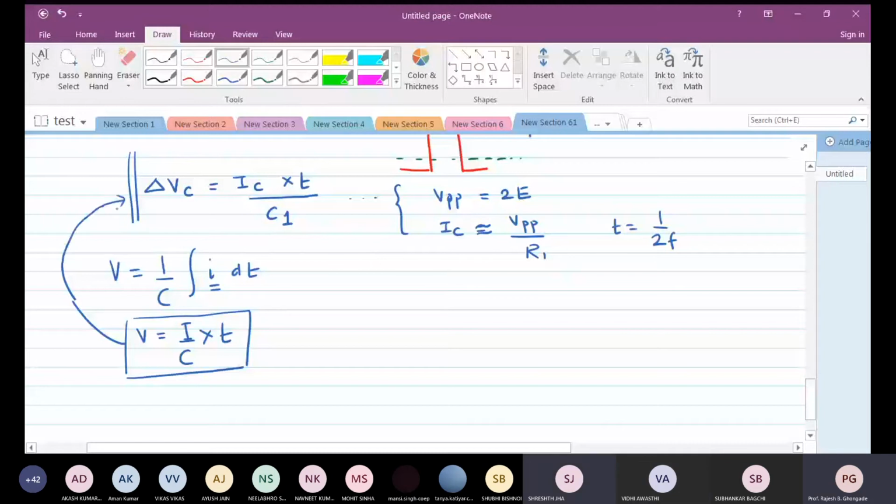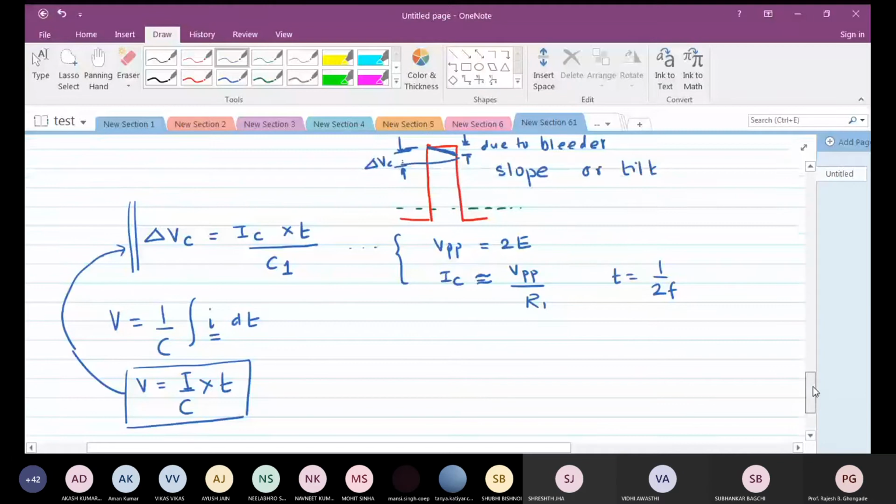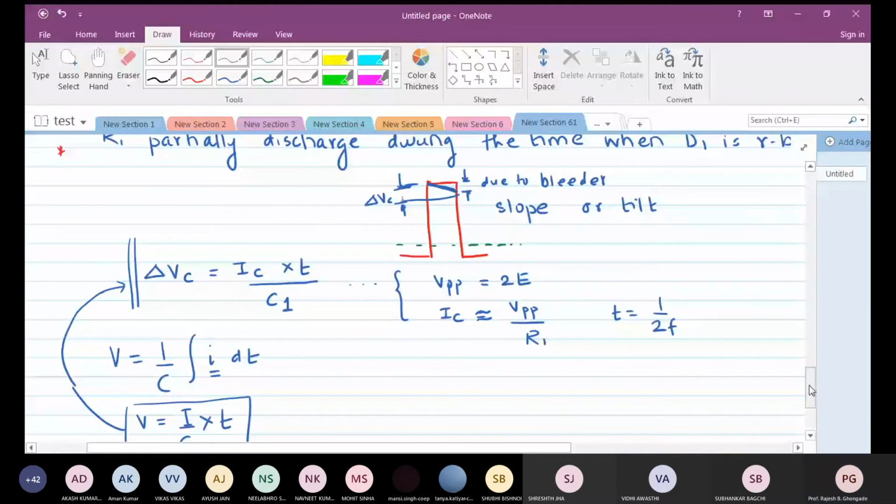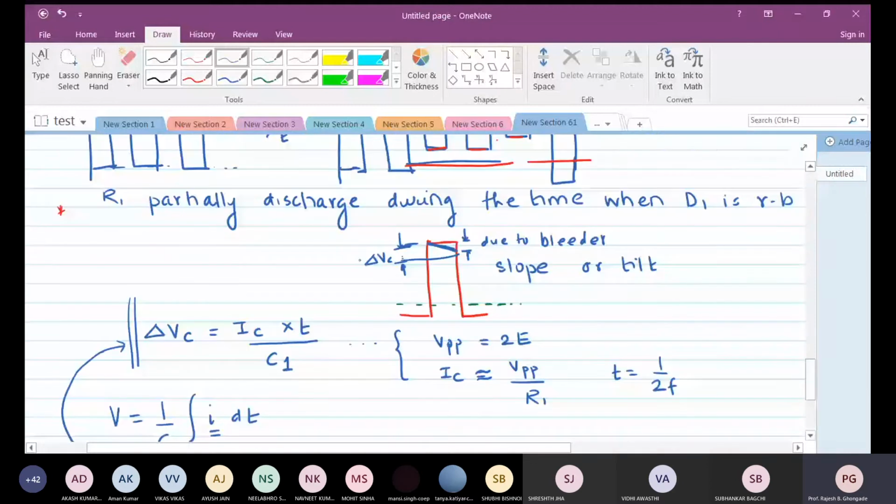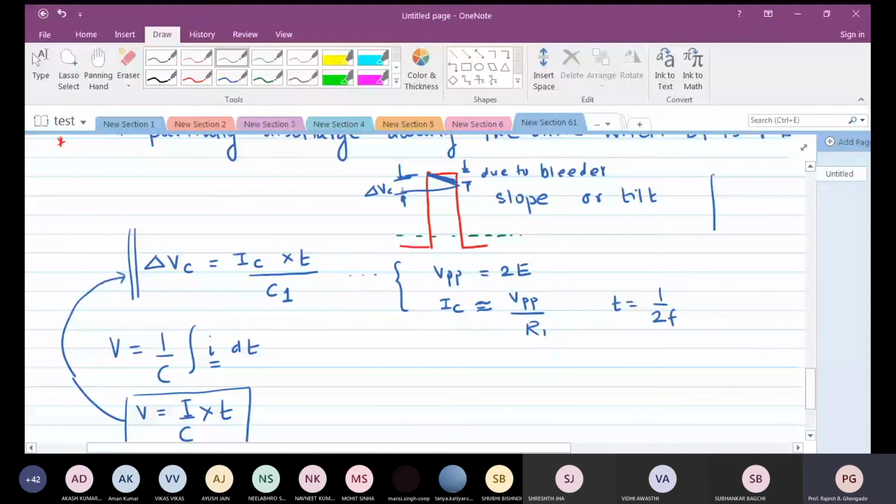Why am I assuming constant current? This is to simplify. I'm assuming that the current flowing through the capacitor discharging is constant for this duration of time. Ideally speaking, it should be like this, isn't it? Do you see the curvature, guys?